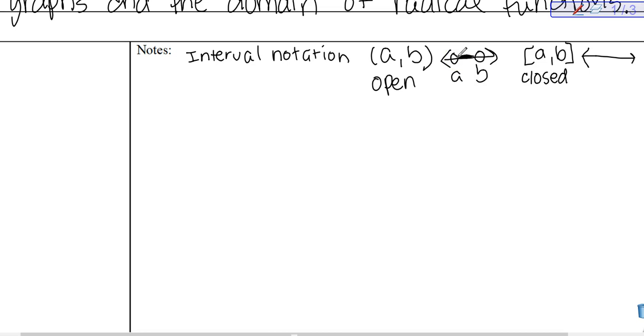I could do that for infinity, get closer and closer and closer to A and never reach it. But when I have a closed one, and I put A there and I put B there, and that should have been a closed circle, not a B, there's the B. That's a finite set. When I can actually include A and B, it's just a small set, or maybe it's a large set, but I can include it.